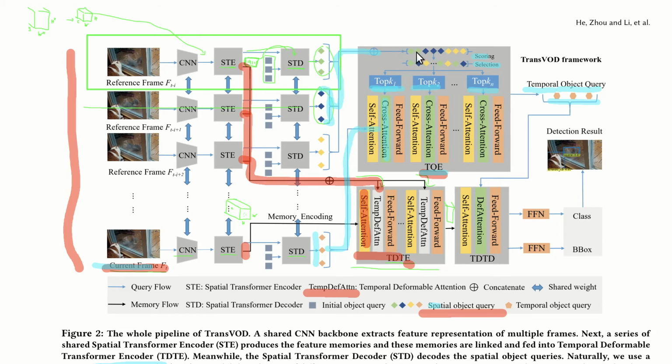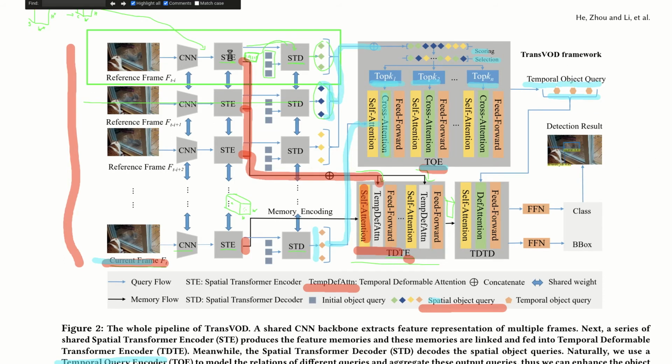These queries are then ranked and scored, and there's a certain cross attention between the current frame and the past frames across these queries, such that at the end we get a temporal object query for something like a few hundred objects we would like to query. These queries are then applied on top of that feature-rich feature map, such that we get 100 bounding box proposals or classes for this current frame.